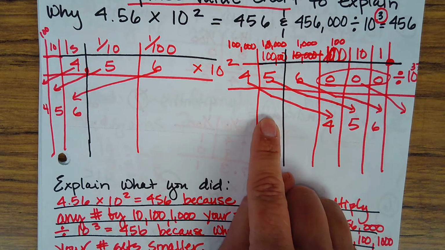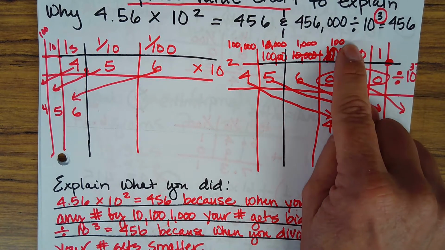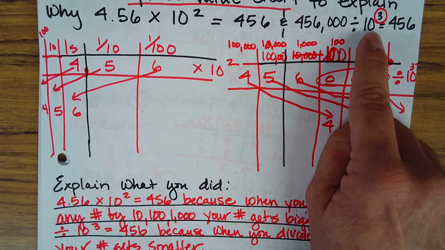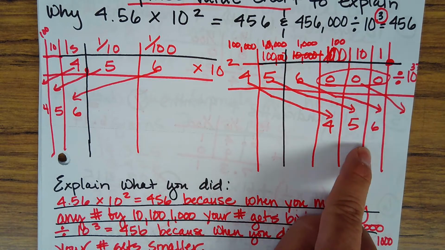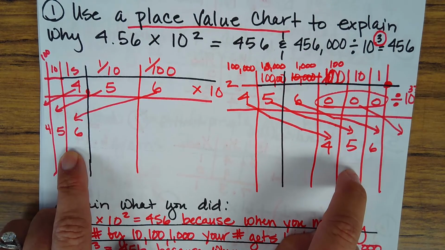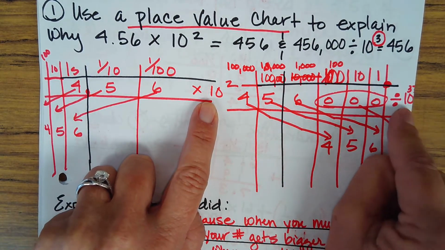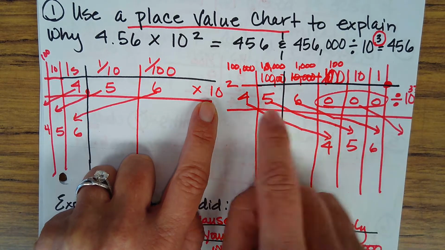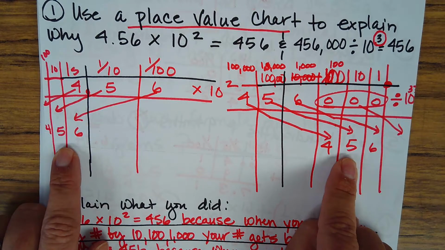Then over here, I labeled my place value chart and I showed why dividing by 10 to the third creates 456. So just by using the place value chart and showing me the 10 to the second versus divide by 10 to the third, why that number ends up exactly the same.